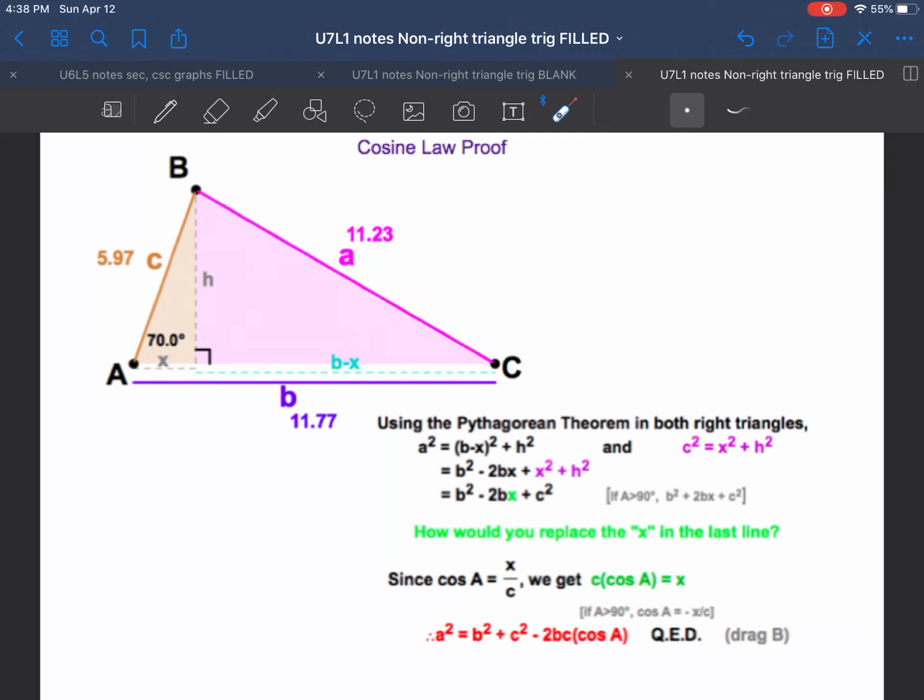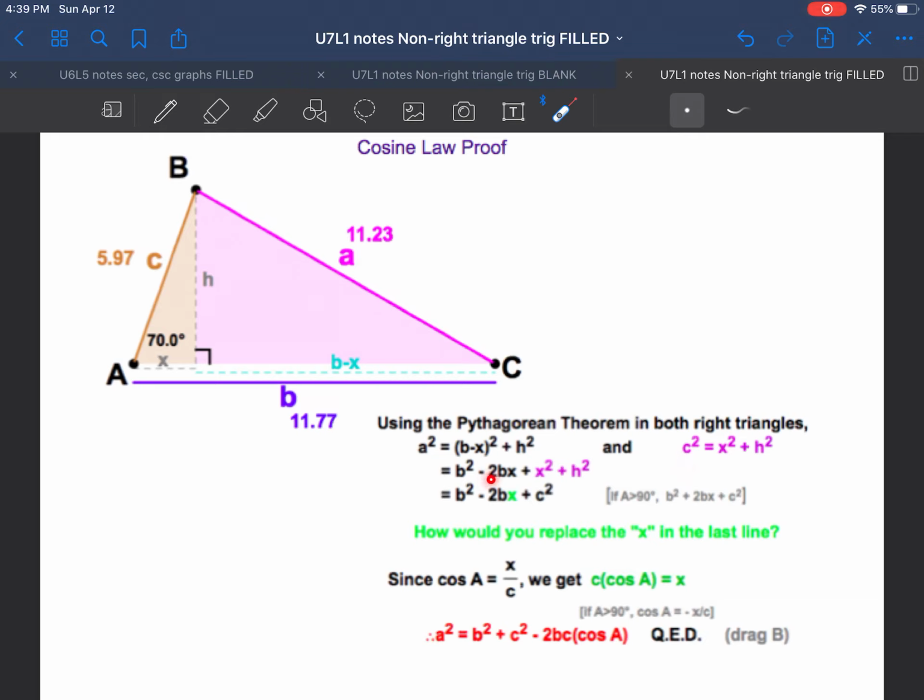The other relationship that we have is with this right triangle, right? So this says that x squared plus h squared is equal to c squared. So we have that right here. Okay, now here's the thing. If we take this and we expand out this part, well, this is going to be b squared minus 2bx plus x squared. It's going to be plus x squared because this negative x, when you square it, becomes positive. Okay, so this part becomes this trinomial plus the extra h squared. And then, well, this x squared plus h squared we just said is equal to c squared.